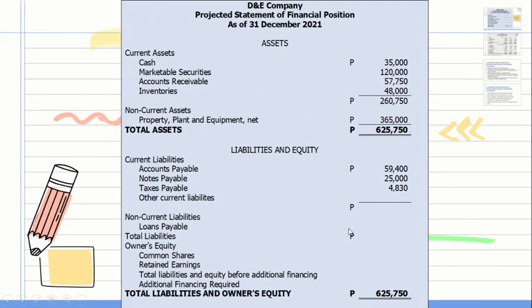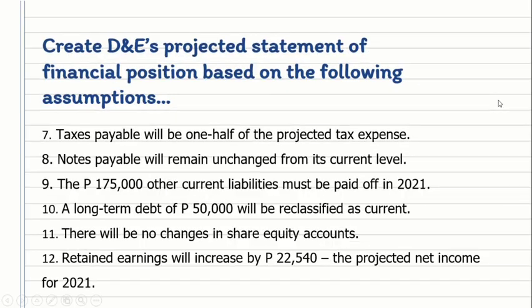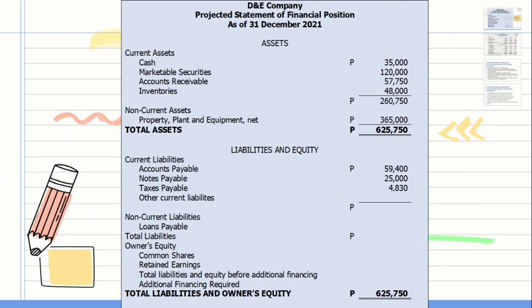So 0 na dapat siya. However, napatay another assumption. A long-term debt of 50,000 will be reclassified as current. So, long-term debt siya na mahimong current. So, from non-current liabilities, mabalhin siya diri sa current liabilities. So, ato siyang ibutang sa other current liabilities, which is 50,000.